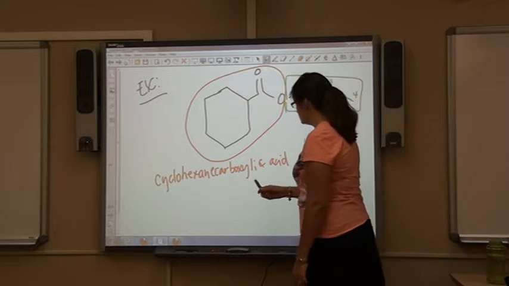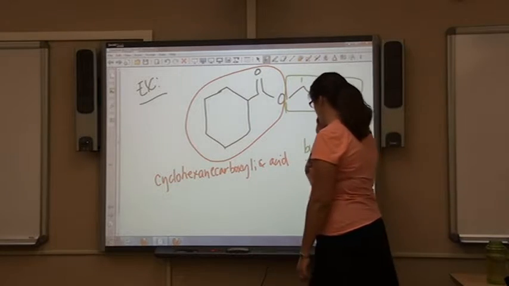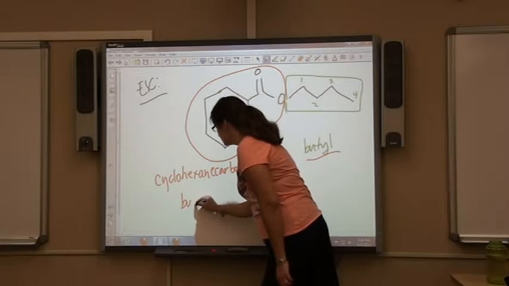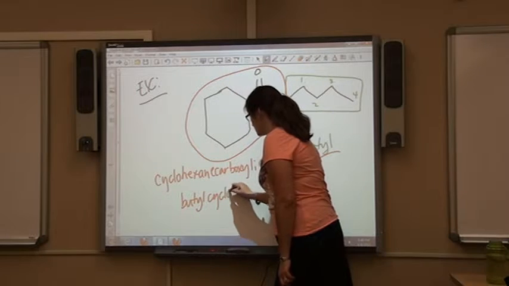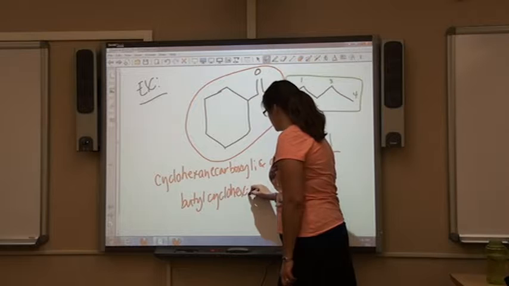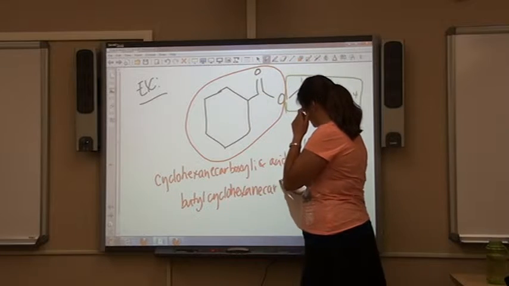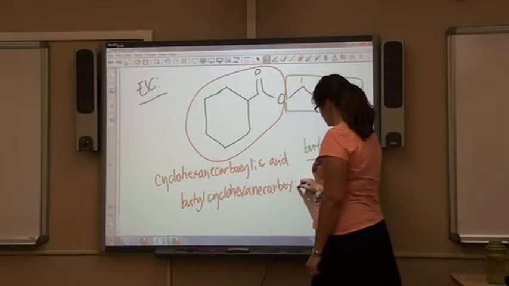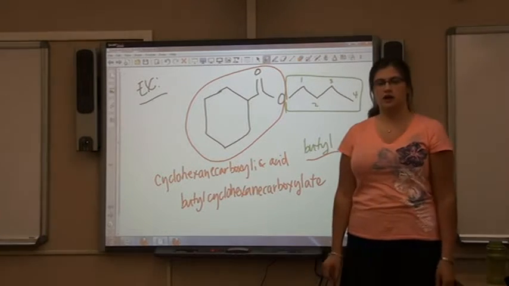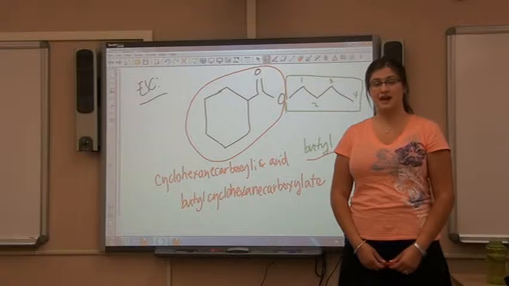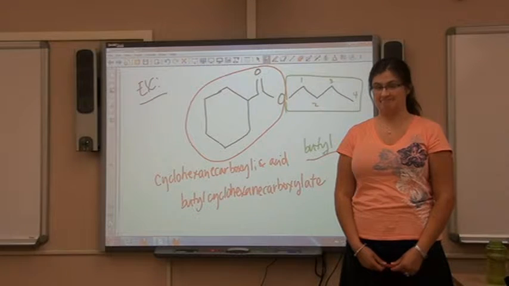So if we do that and add ate at the end, we should get butyl, second word, cyclohexane carboxylate. Butyl cyclohexane carboxylate.